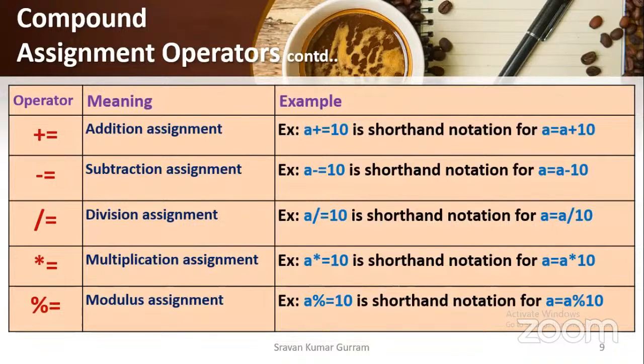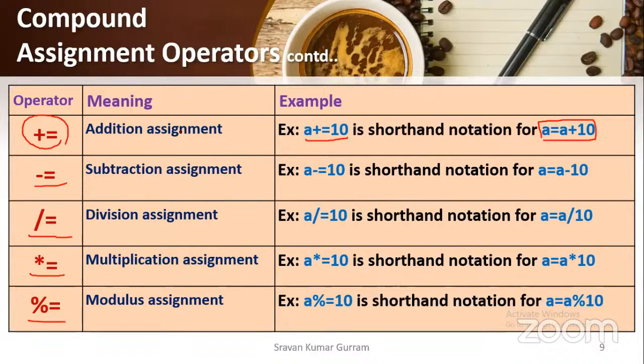See the complete list. Plus assignment, which you can also call addition assignment. You can write A plus assignment 10. What is the meaning of this? A assignment A plus 10 again, just like a shorthand notation. Then subtract assignment, division assignment, multiplication assignment, modulus assignment.